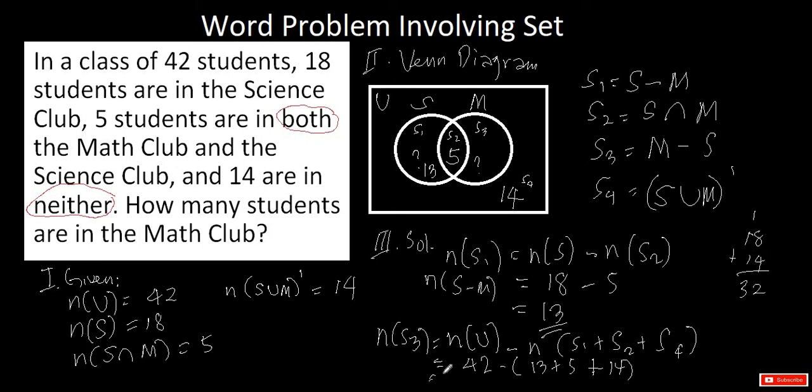So we have 42 minus 32. And 42 minus 32 is equal to 10. Okay? So therefore, the cardinality of S sub 3 is equal to 10. So we are done populating our Venn diagram now.